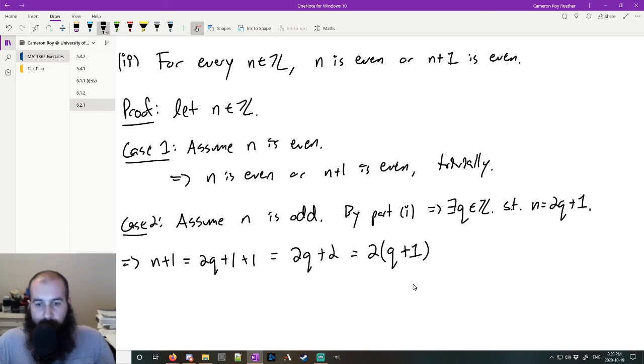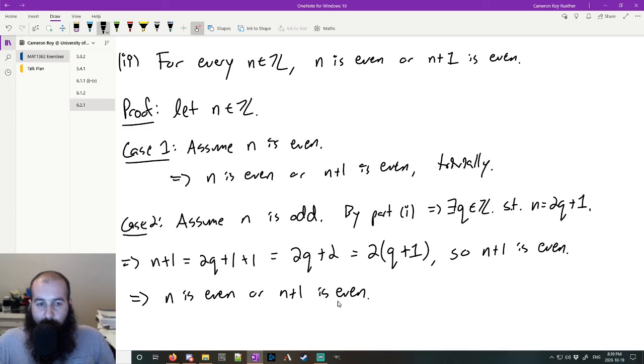This is 2 times an integer. So n plus 1 is even. Since n plus 1 is even, that means half of our or statement is true, so the whole or statement is true. So this implies that n is even, or n plus 1 is even.